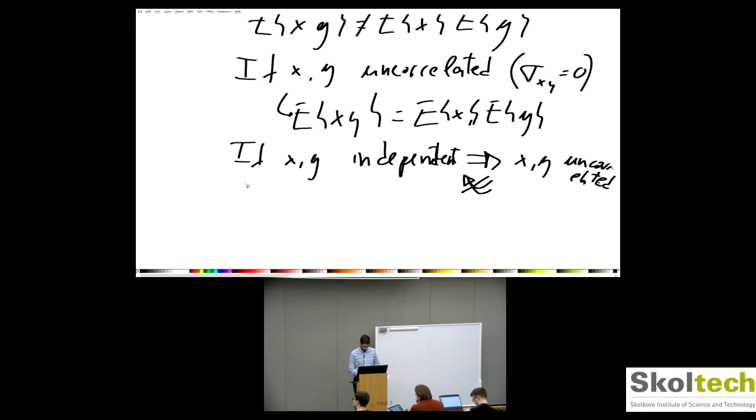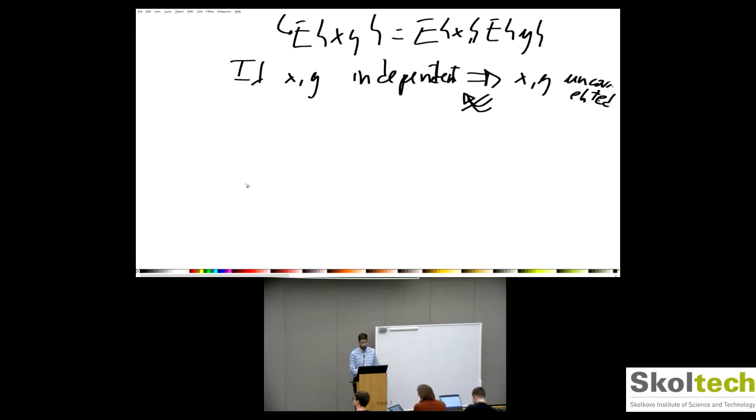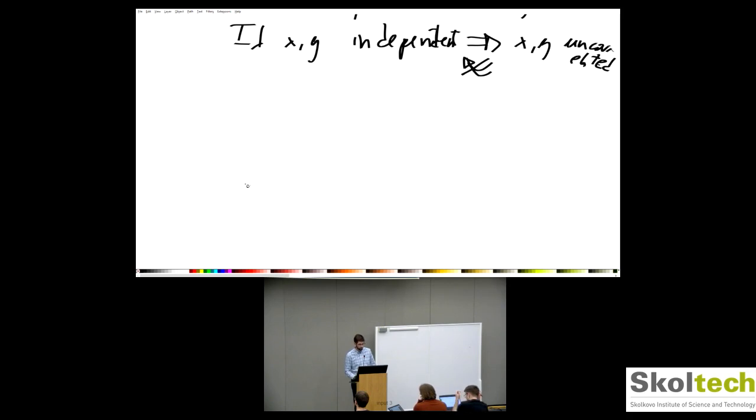Now we are just talking about one-dimensional random variables, but in general we are interested in more than one. So we'll have a vector of random variables. What is the expectation of a multidimensional random variable?